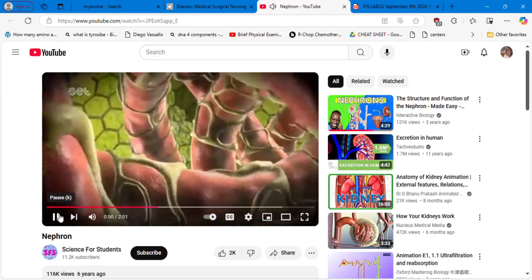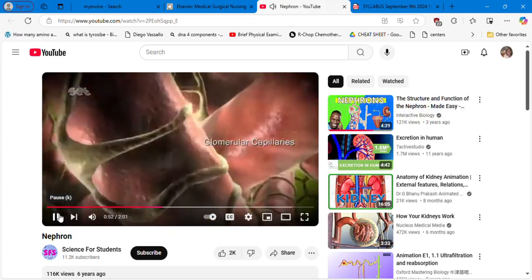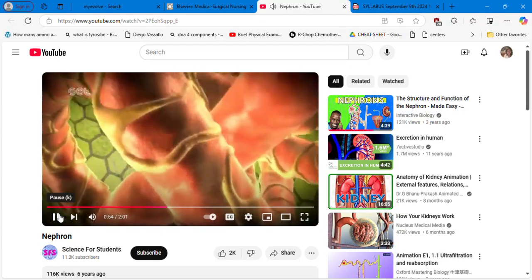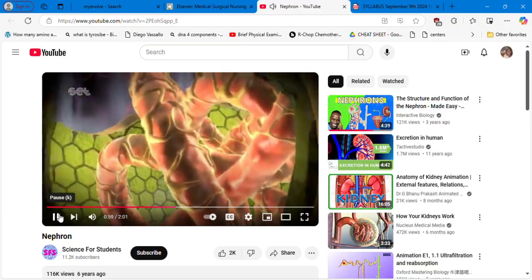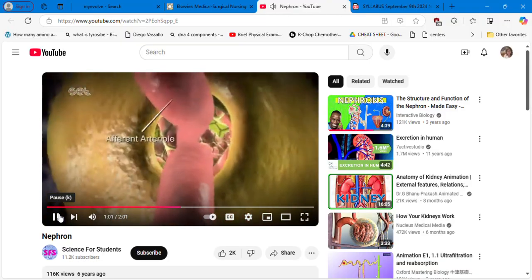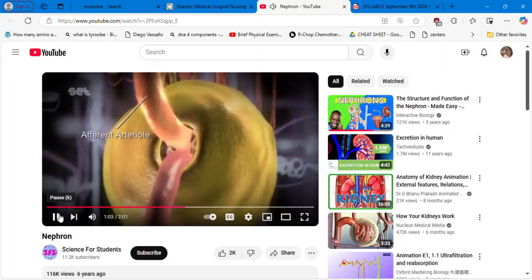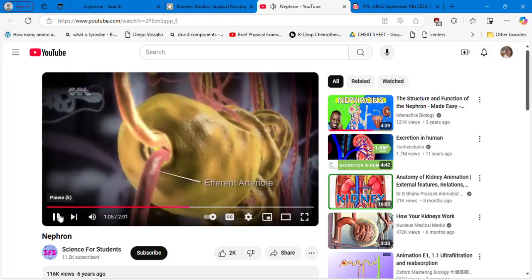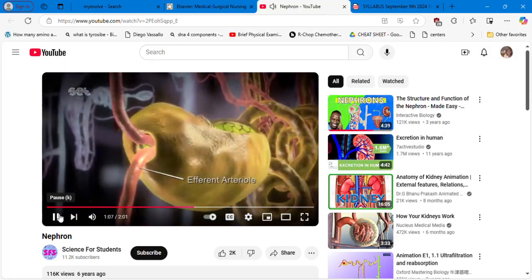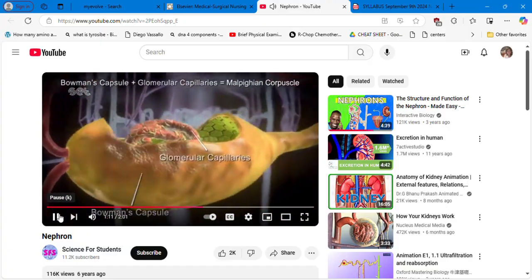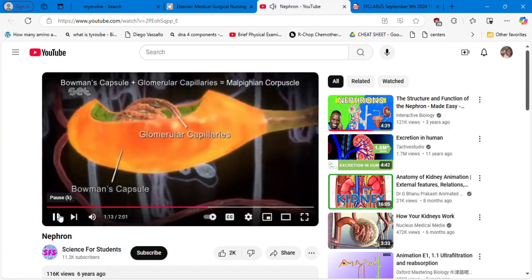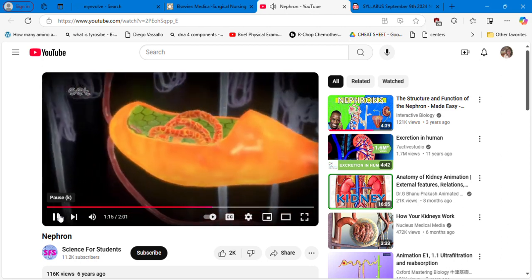The glomerulus is a network of capillaries which fill the Bowman's capsule. The afferent arterioles entering the Bowman's capsule branch out into the glomeruli capillaries. These capillaries merge together and exit the Bowman's capsule as efferent arterioles. The structure formed by the Bowman's capsule and the glomerulus capillaries are called Malpighian corpuscle.